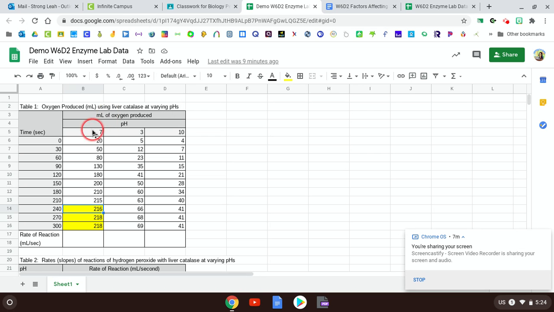So I have milliliters of oxygen produced, and then I have my different pHs. So 7 is a different pH, 3 is a different pH, and 10 is a different pH. 7 is roughly where you would find water. 3 is a pretty strong acid. 10, pretty strong base.